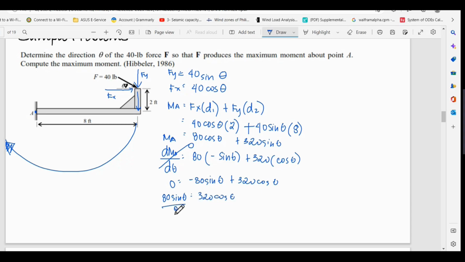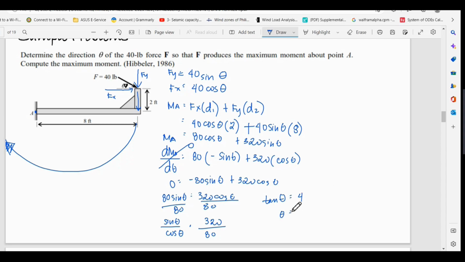So divide natin yan ng 80, then tsaka 80. And then transpose natin sa kabila yung ating cosine theta. Therefore, it will become sine theta divided by cosine theta is equal to 320 all over 80. Try natin dito. Sine divided by cosine is what? Tangent, diba? Tangent theta will now be equal to 4.